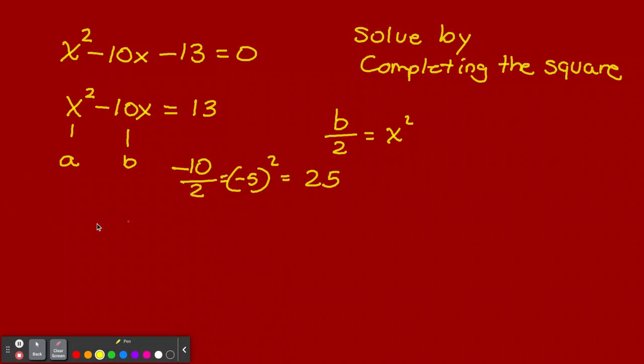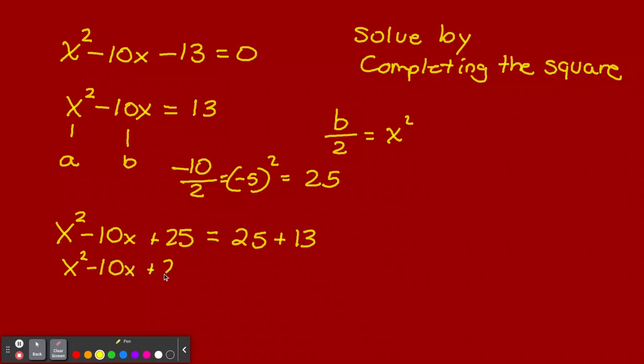Now we'll take that 25. We're going to say x squared minus 10x plus 25 because it's positive, and we put the 25 on both sides. We add it to the 13, so we get x squared minus 10x plus 25 equals 38. Now we can factor on the left side.